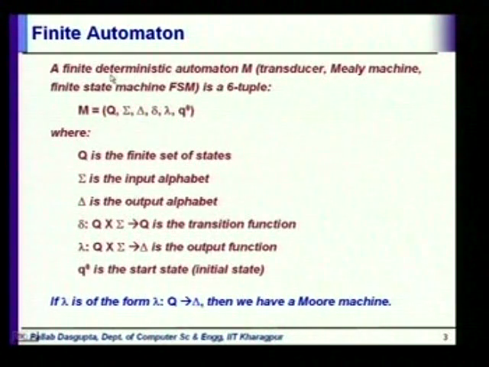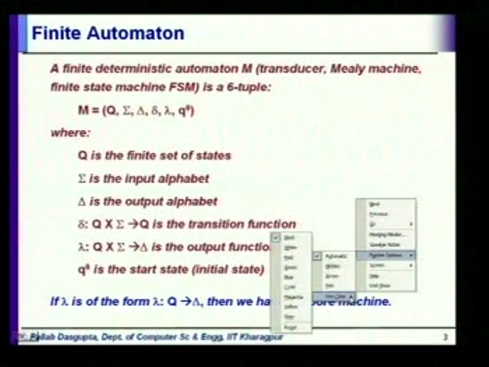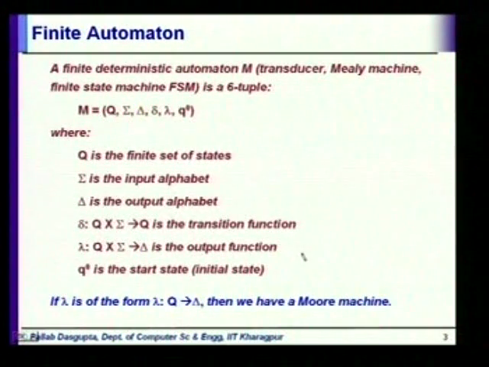Now, this is for a finite deterministic automaton, and for most part of our discussion we are going to stick to deterministic automata, but just for completeness, if it is a non-deterministic automaton, then the transition function will change. How is this transition function going to look when this becomes a non-deterministic automaton?